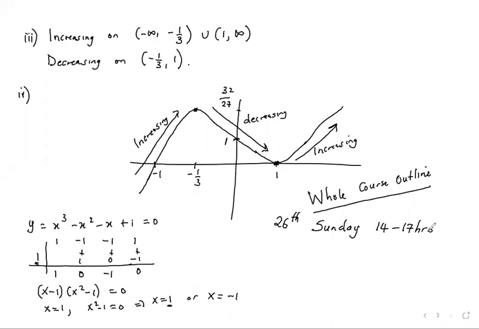Sir, have you finished? Sir, after you found those, is it where the graph has cut the x and the y? Are those the ones that you found there? The x is equal to 1, and x equals -1. Yes.